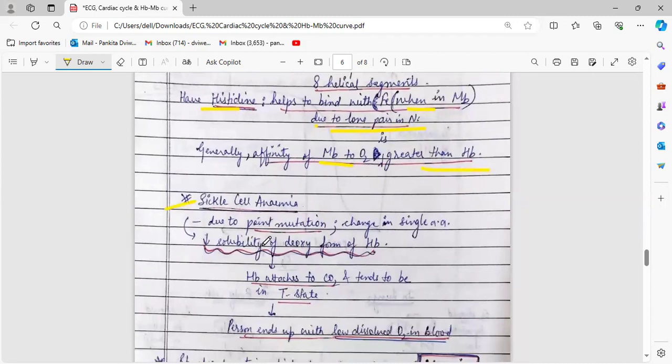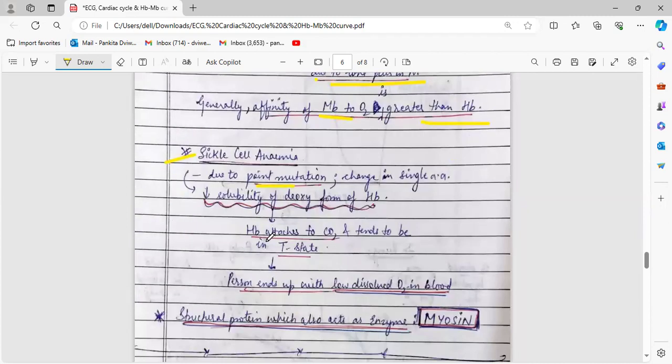Sickle cell anemia occurs due to a point mutation, a single amino acid change. Due to this, the solubility of the deoxy form of hemoglobin decreases and hemoglobin attaches to carbon dioxide instead of oxygen, and it tends to remain in the T state or the tense state. So the person ends up having low dissolved oxygen in the blood.